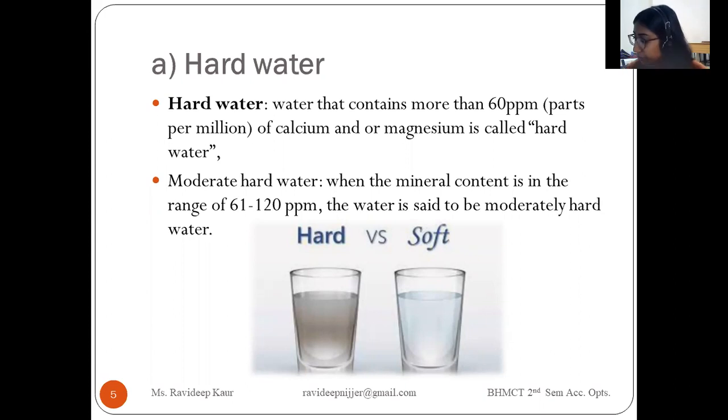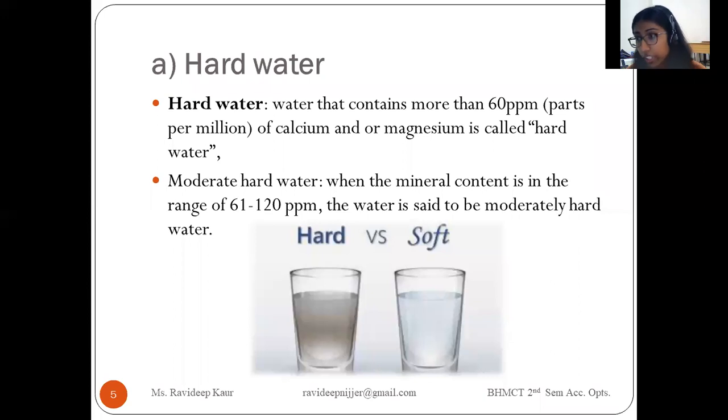See here, students, the water which contains 60 parts per million of calcium or magnesium is called hard water. Moderately hard water: when the mineral content is in the range of 60 to 120 ppm, the water is said to be moderately hard water.